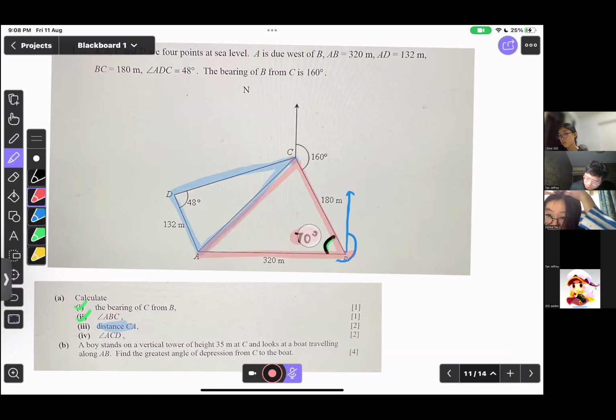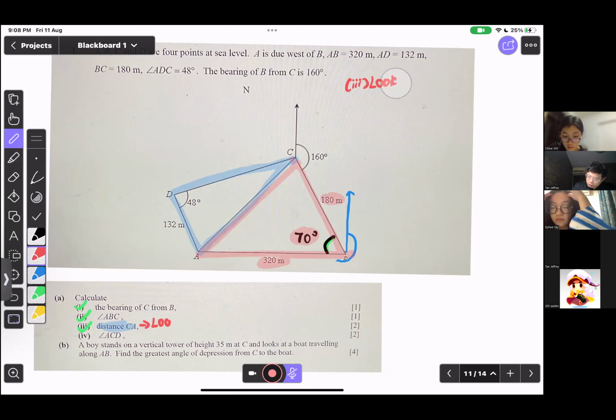Use cosine rule using 70, 180, and 320. Okay, so I consider this done. Let me write down a quick hint here. For part 3, look at triangle CAB, and then you use cosine rule.